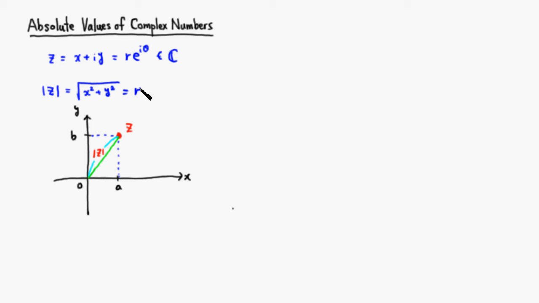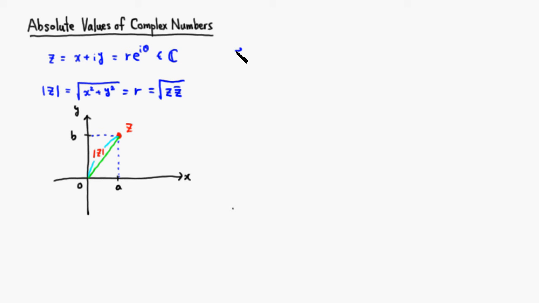Another way to express the same thing, using the conjugate, is to write it as the square root of z times z conjugate. Let's verify that first. Actually, let's do an example first.